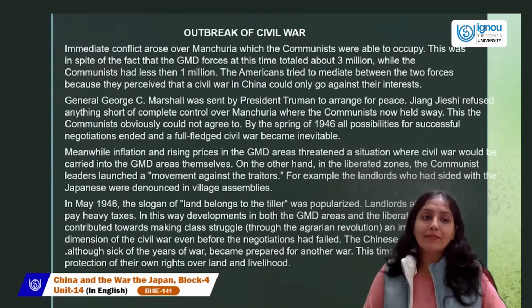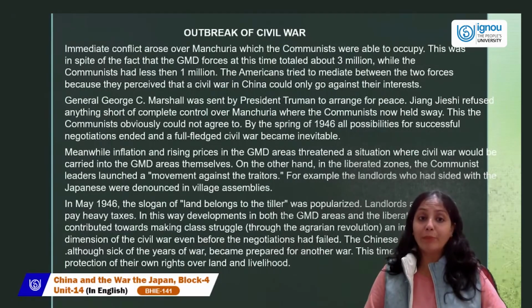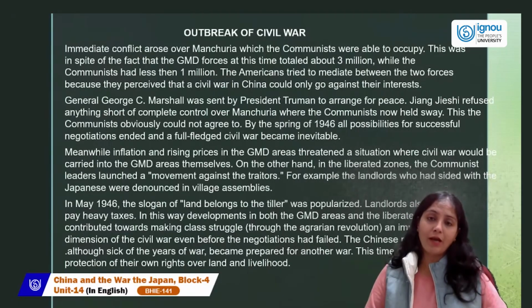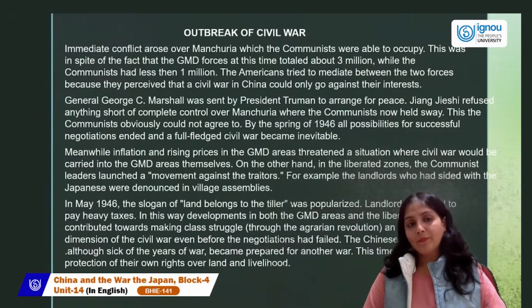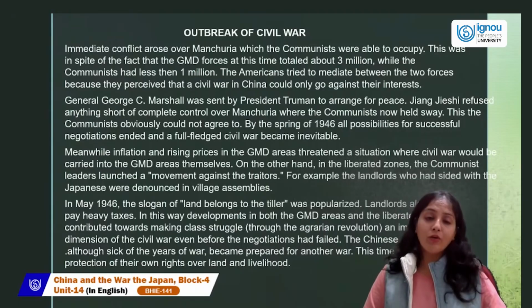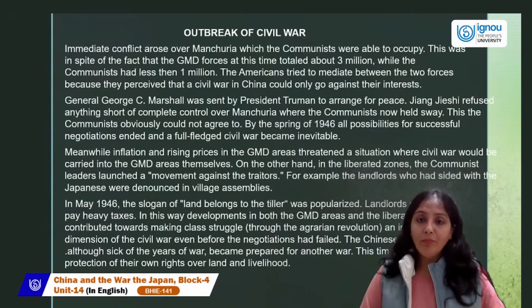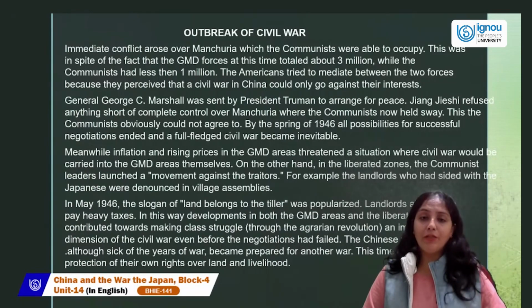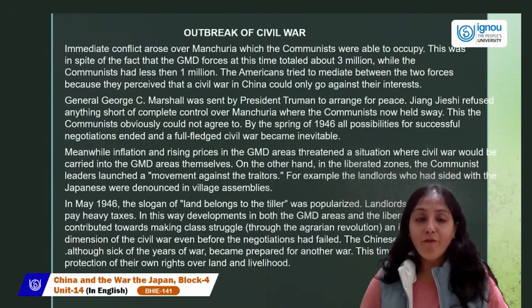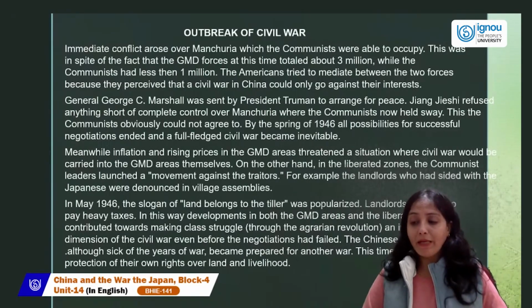Jiang Jieshi refused anything short of complete control over Manchuria, where the communists now held sway. This the communists obviously could not agree to. By the spring of 1946, all possibilities for successful negotiations ended and a full fledged civil war became inevitable.